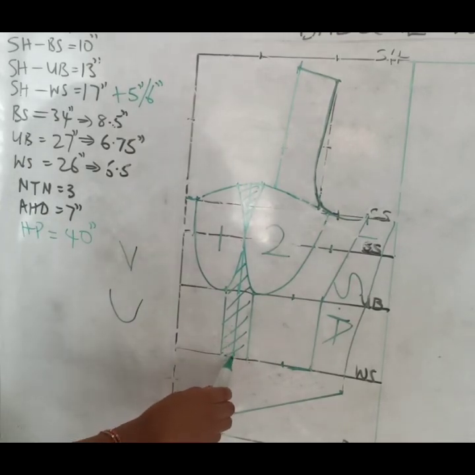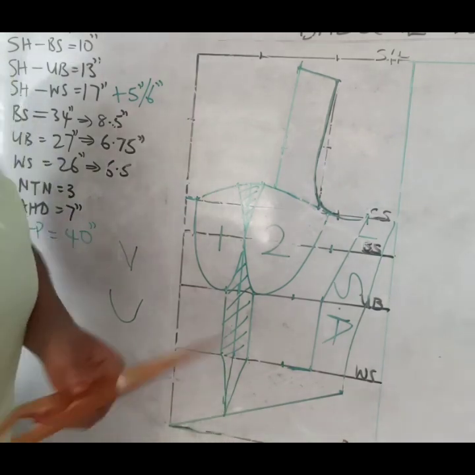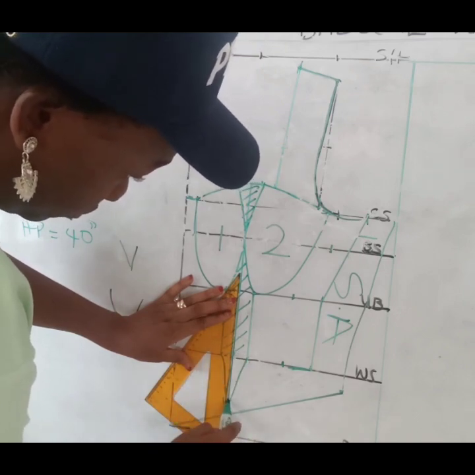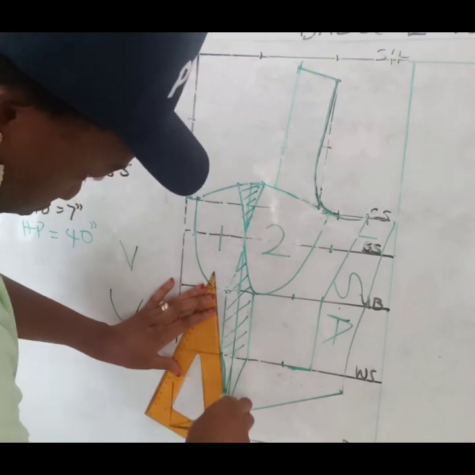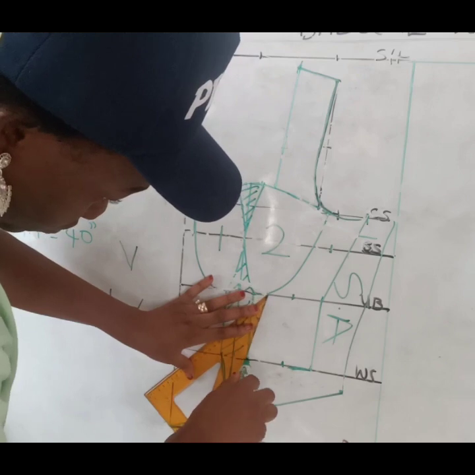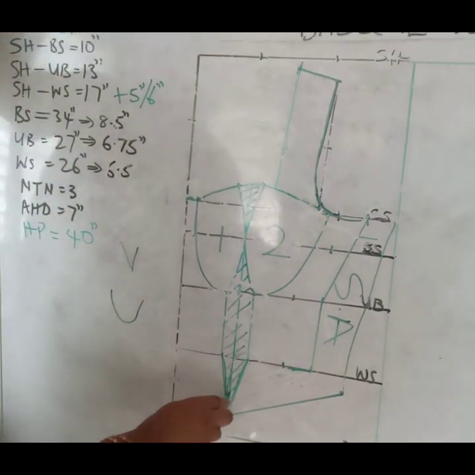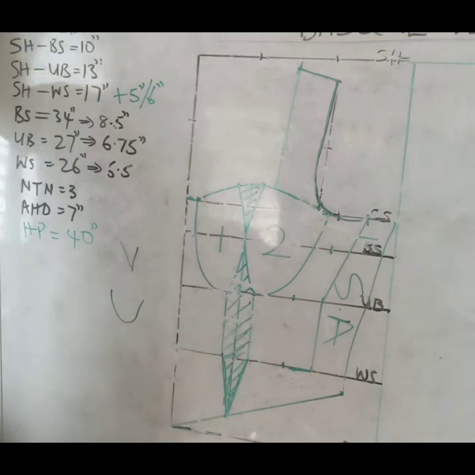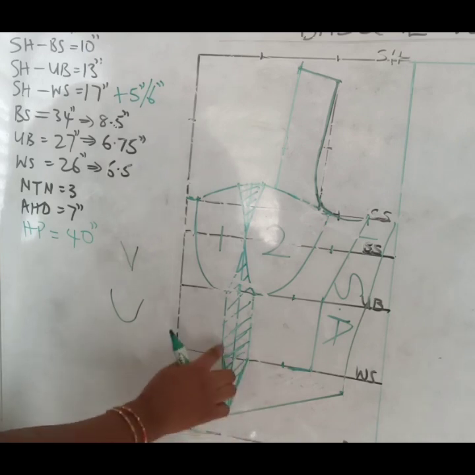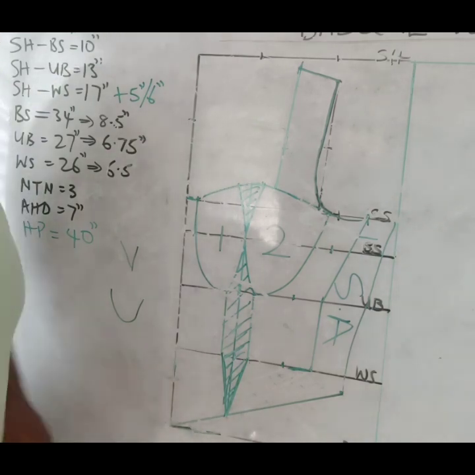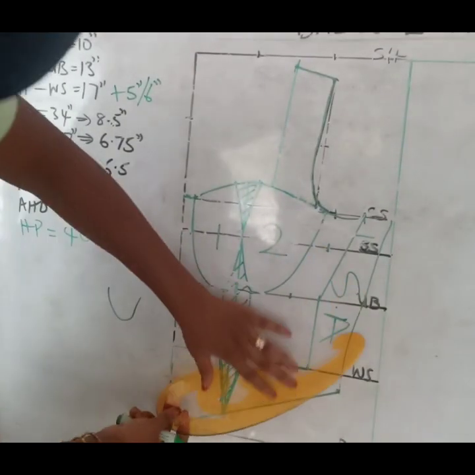So to end the dart, you can extend this middle one and just extend this like this. So you can end the dart like that. Use the ruler to draw it. So you can end the dart like this. Okay. So whichever type you are using, the dart ends like that. If it is a curve, that means the curve comes like this.